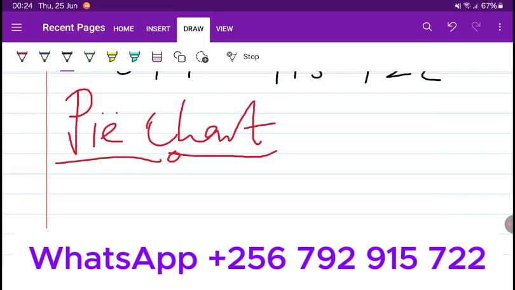Pie charts are a way of representing data so that it can be understood and interpreted.